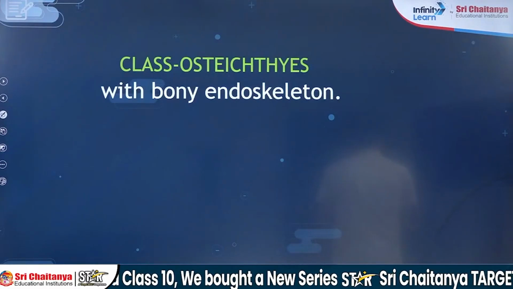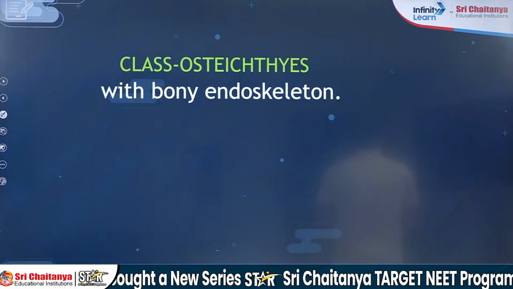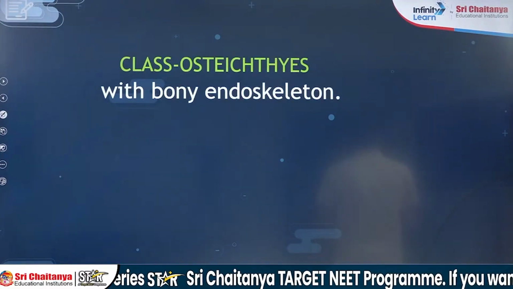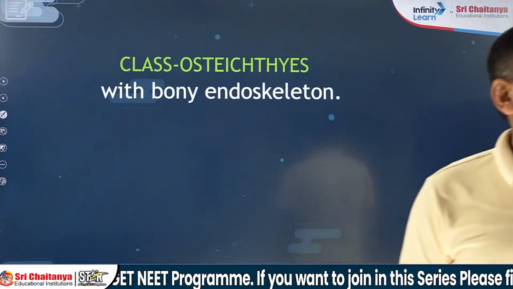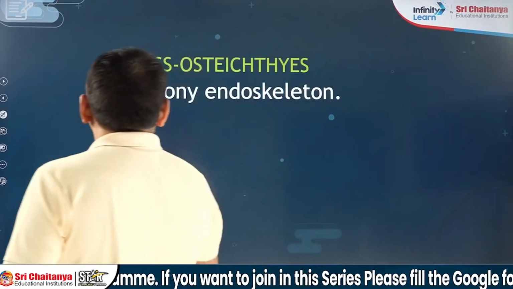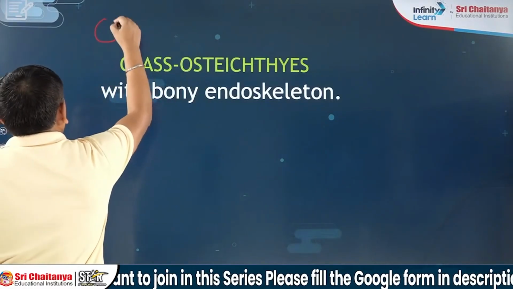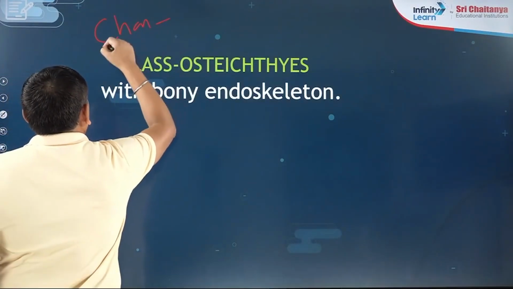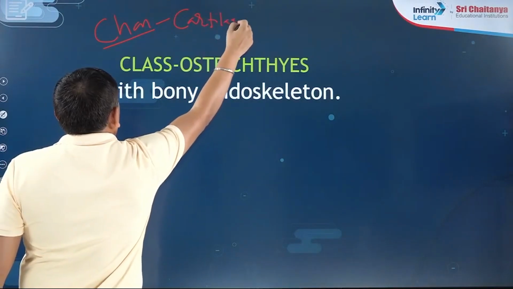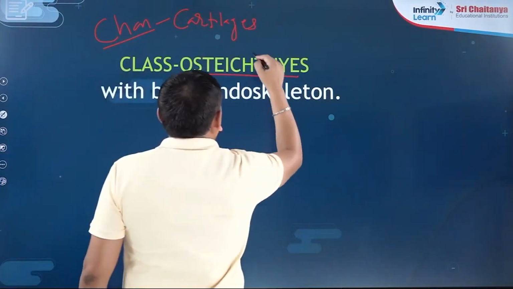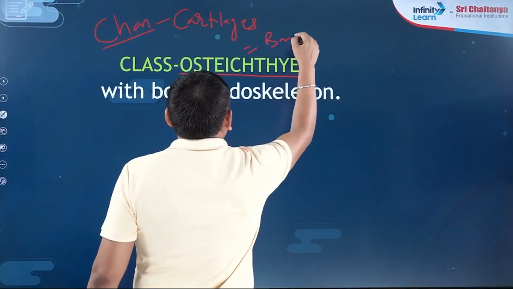Yes, Nikhil is saying it is based on the endoskeleton. Very good. In chondrichthyes, the endoskeleton is made up of cartilage, and in osteichthyes, it is made up of bones.